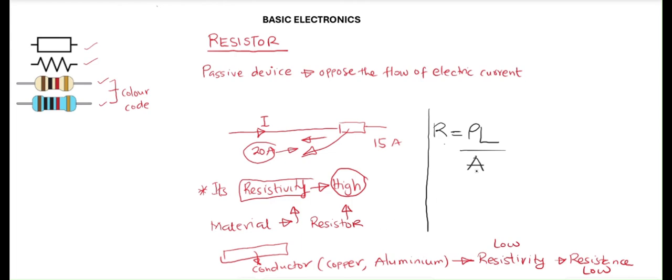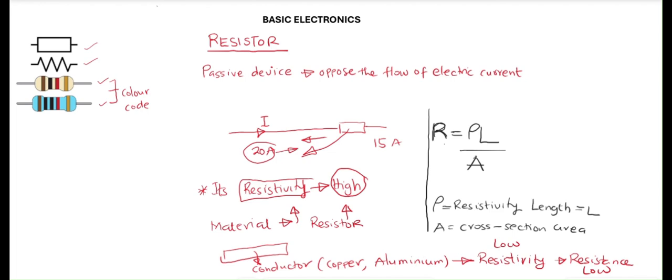So if I want to determine the resistance any material will provide, it is based on its resistivity, the length of the material, which is the L, and its cross-sectional area.